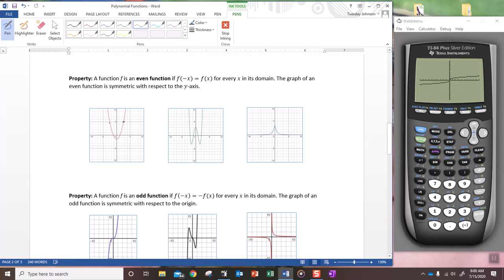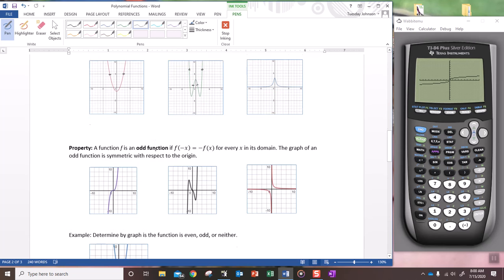When x is -2.5, we're at the same height. So the output for -x is the same as the output for x, every single time, for any 2 points the same distance away from the y-axis. And that's why we say the graph of an even function is symmetric with respect to the y-axis, always.